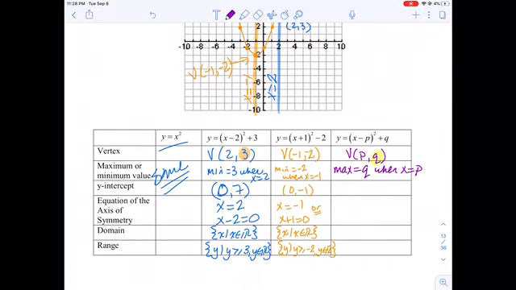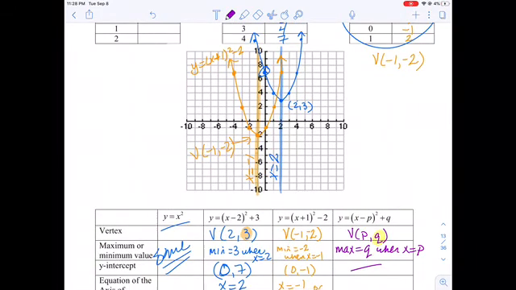And then our y-intercept depends. It depends on the graph. We can't figure that out so much in this case. The equation of the axis of symmetry comes from where the axis of symmetry would intersect the x-axis.